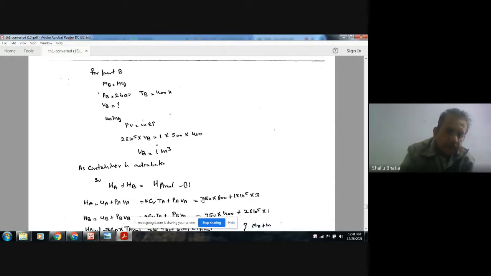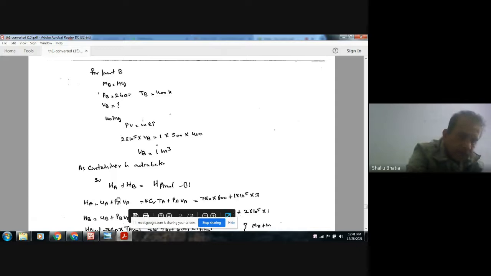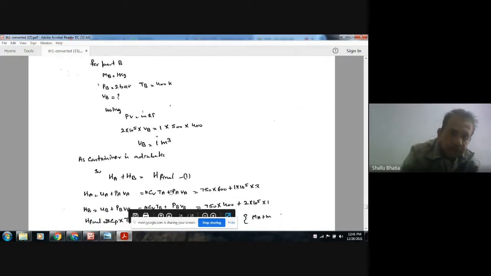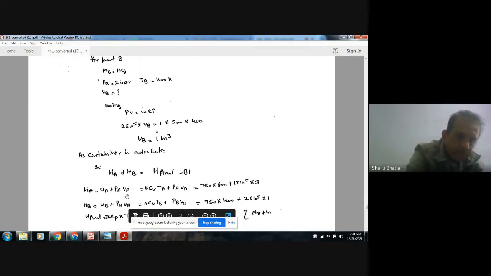The total enthalpy will be the sum of the enthalpies of the two portions. So H_A is 1 into u_A, equal to 1 into C_V into T_A, because enthalpy is the summation of internal energy plus PV. So this is 1 C_V T_A plus P_A V_A.